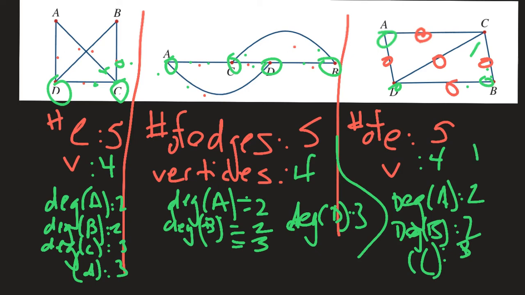And my degrees for D is also 3. So because our number of edges, our number of vertices, and our degrees for each of our vertices are all the same throughout, these are isomorphic.